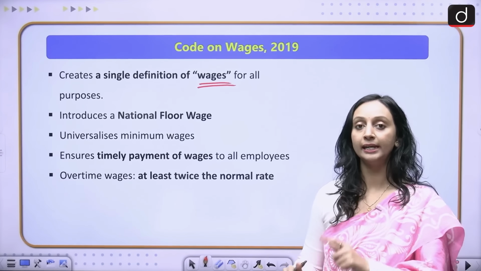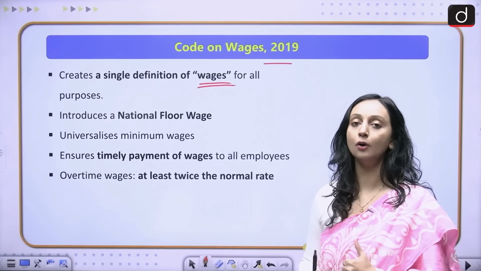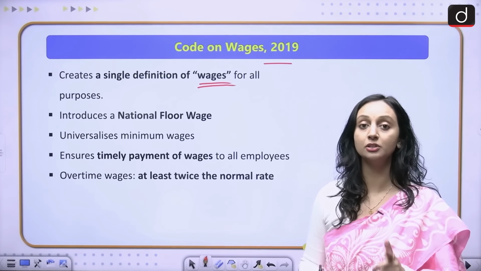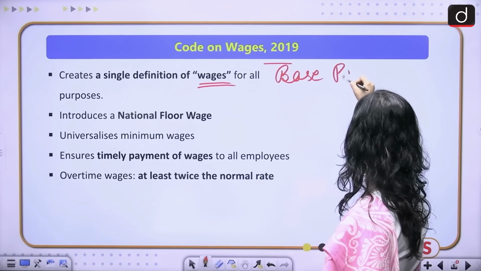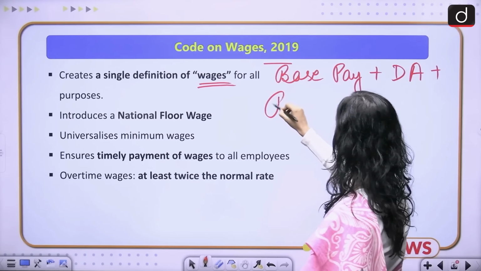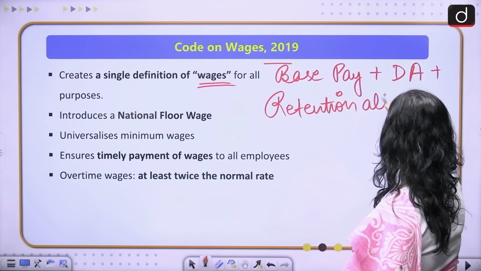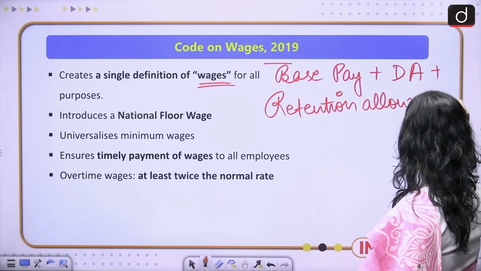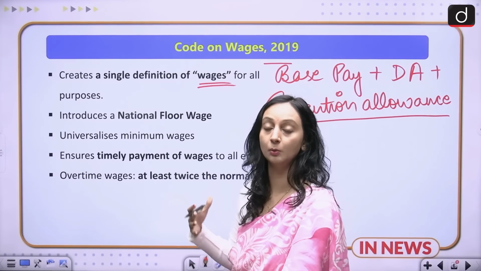And now in this Code on Wages, a single definition of wages has been defined, and wages are going to include your base pay plus the dearness allowance plus the retention allowance.